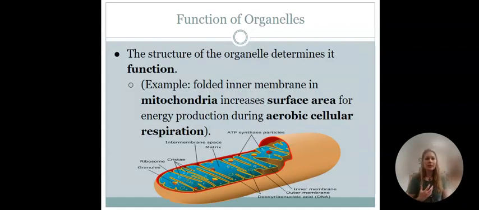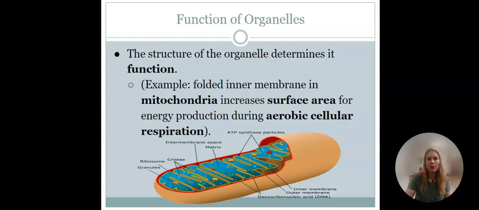Going a little bit into the function of organelles, the mitochondria is one of the most important organelles, and the structure of the mitochondria gives away its function. So the structure determines its function.